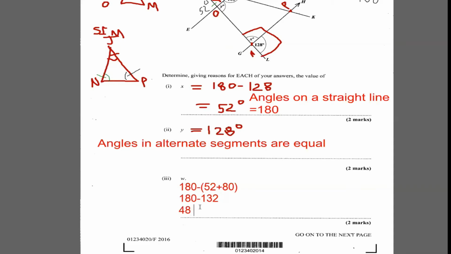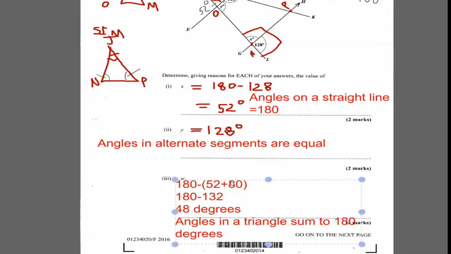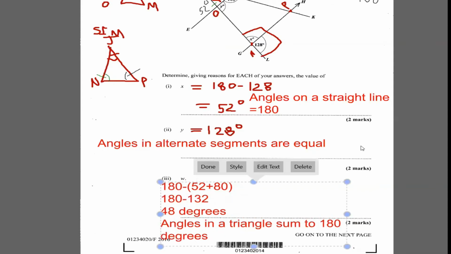So W is 48 degrees. And the reason: angles in a triangle sum to 180 degrees. So there you have it, angles in a triangle sum to 180, and that takes care of this question. Nice and easy.